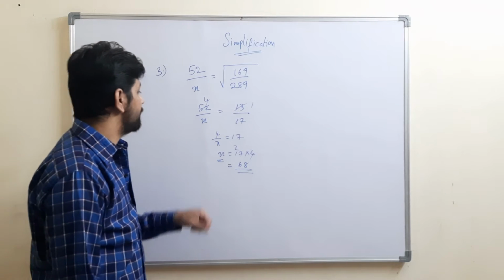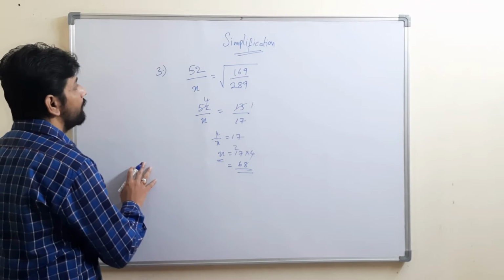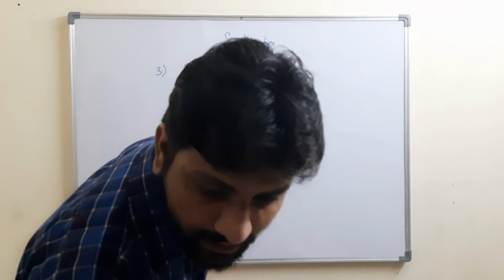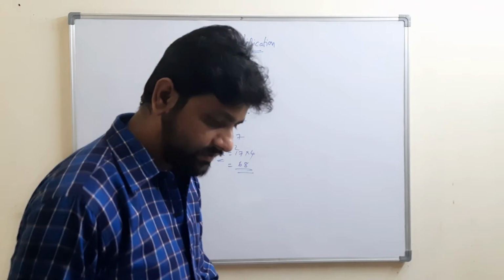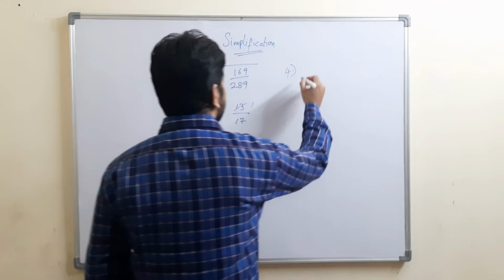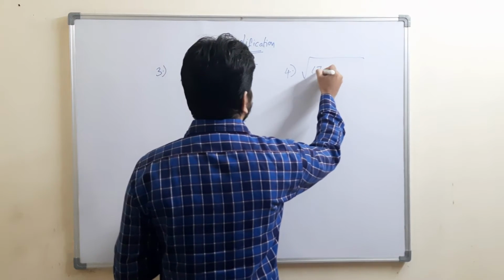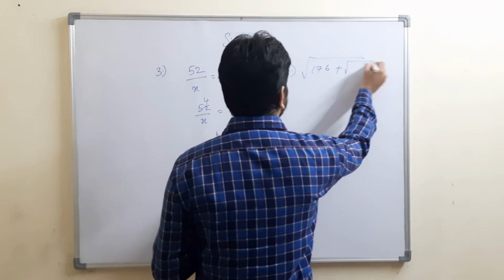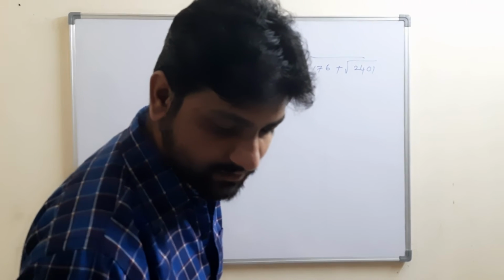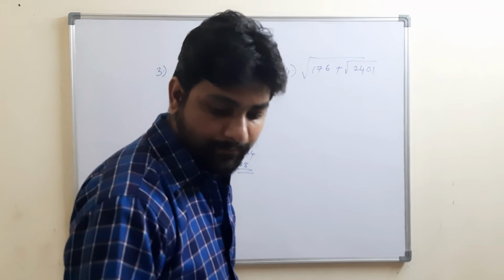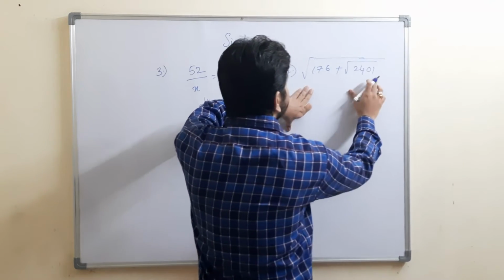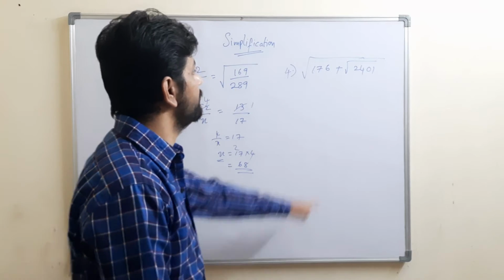Next we have another simplification problem: square root of 176 plus square root of 2401. Here we have a double square root. What is the square root of this generally?